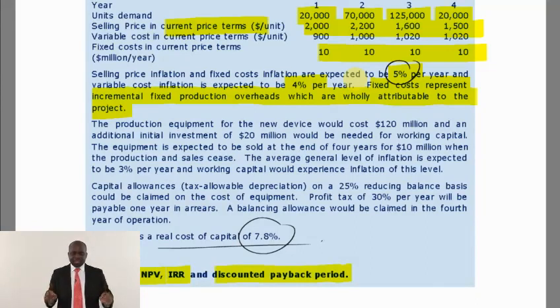That's not the case. Fixed cost doesn't change with output, but fixed cost can increase with inflation. So watch out. Your salaries increase with inflation even though output hasn't changed. So when the examiner tells you fixed cost is subject to inflation, make sure you increase it.